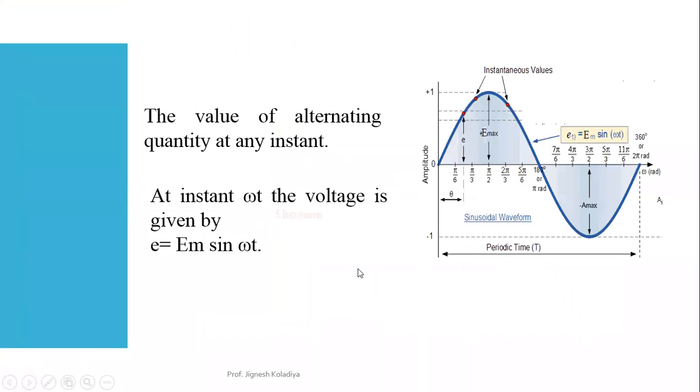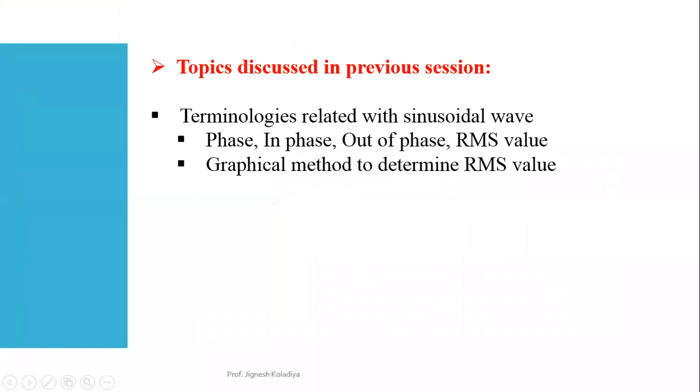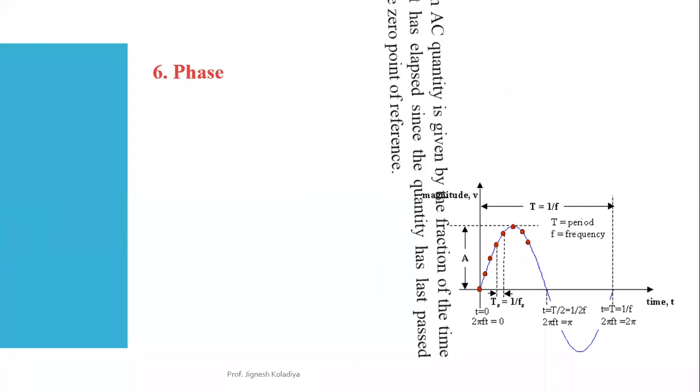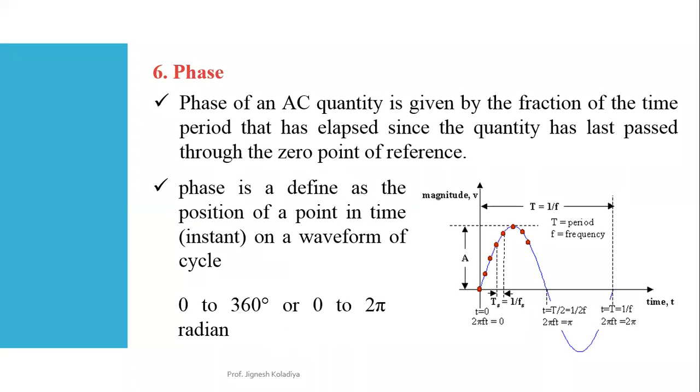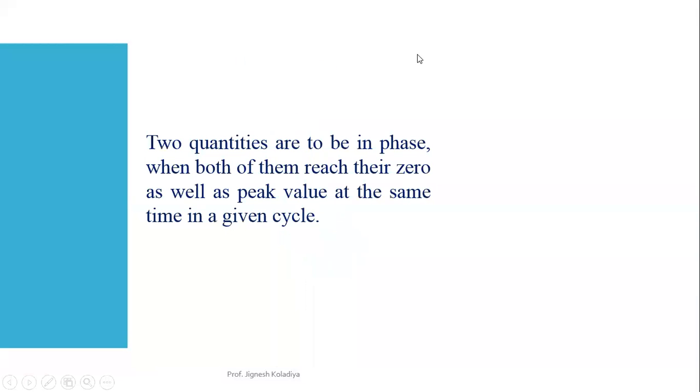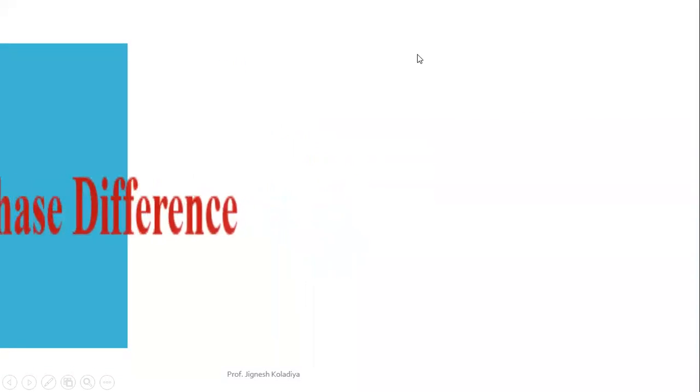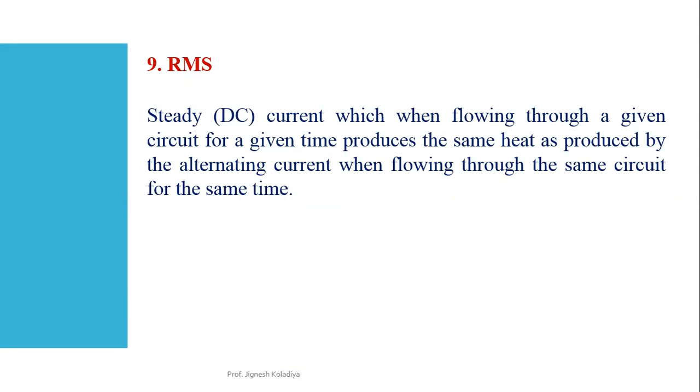Also, we discussed when we can say what the phase is, when two quantities are in phase, and when two quantities are out of phase. Also, we have discussed the definition of RMS value, right? And I think we have started the graphical method to determine the RMS value.